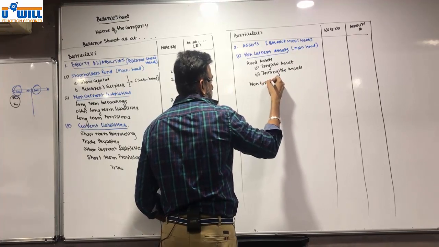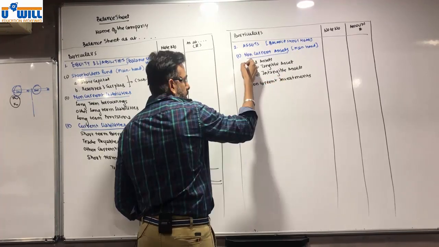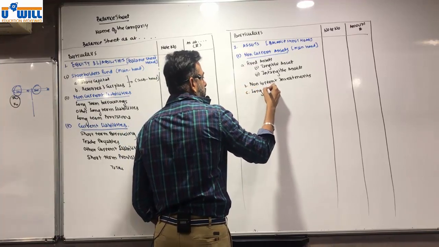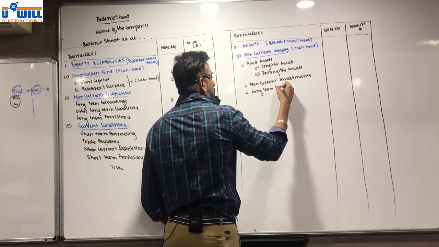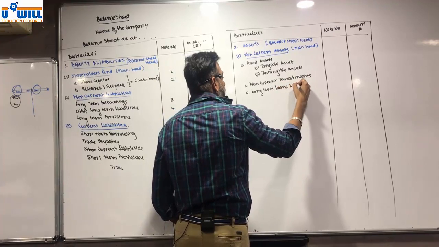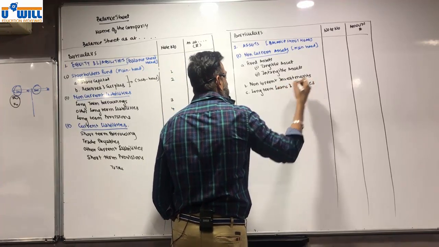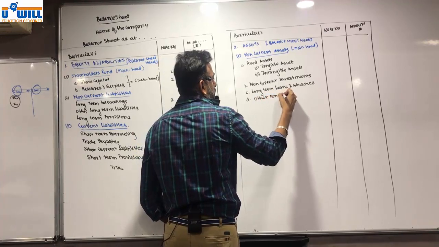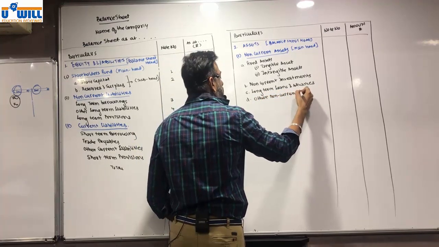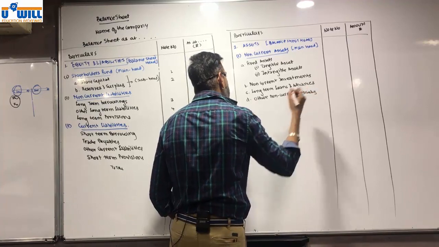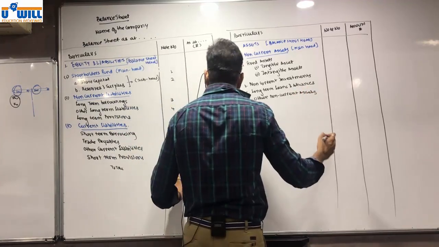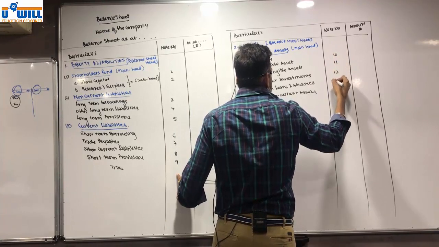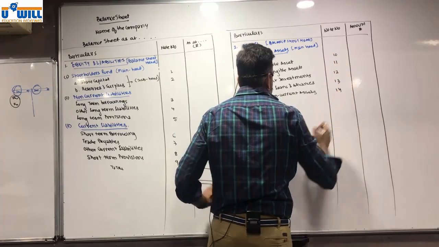Non-current investments A, B, then C, long-term loans and advances. Other non-current assets. So this is note number 10, 11, 12, 13, 14.